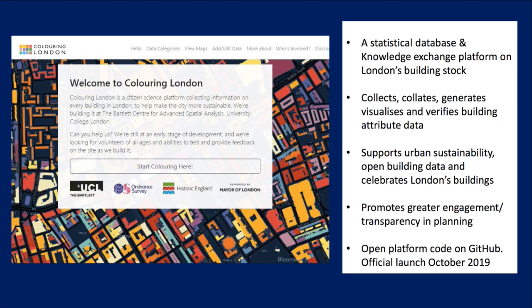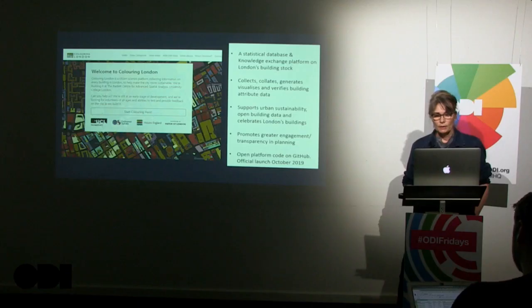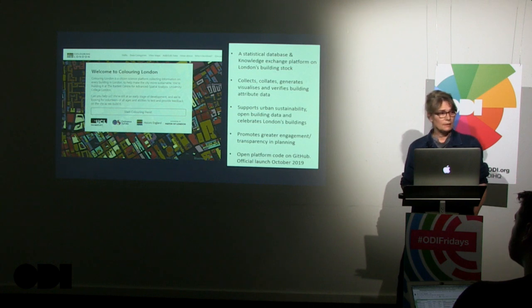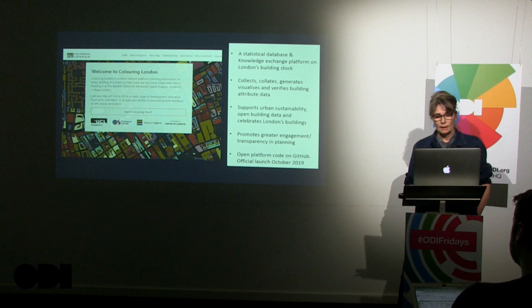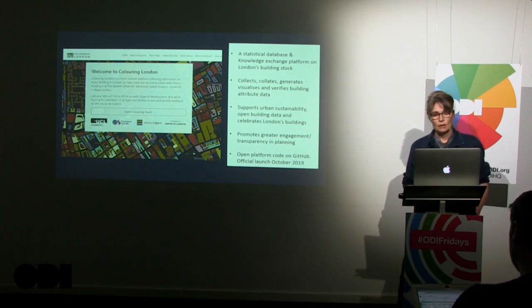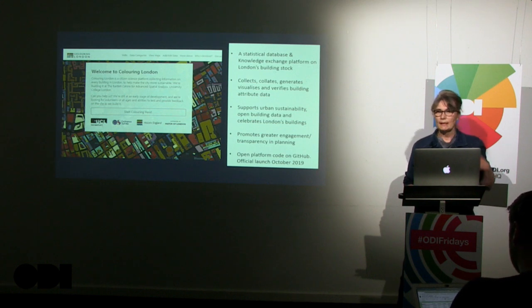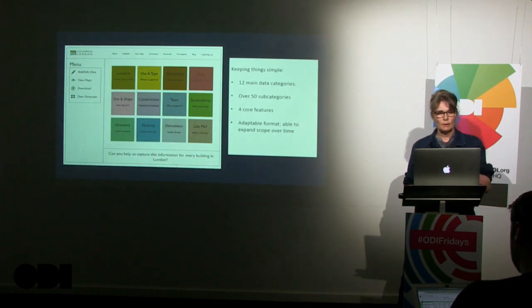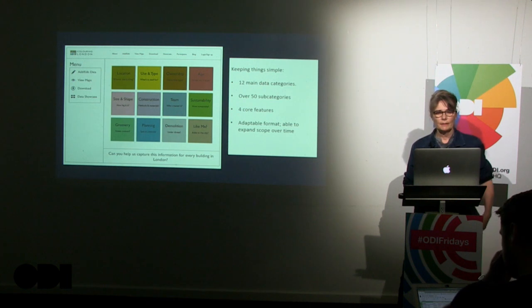The main aim is to support urban sustainability, to drive more open data on the building stock, and to celebrate London's buildings. We're also interested in promoting greater engagement and transparency in planning. All our platform code is open on GitHub, and our official launch is October 2019, but it's an ongoing process, so we'll be continually developing the site.